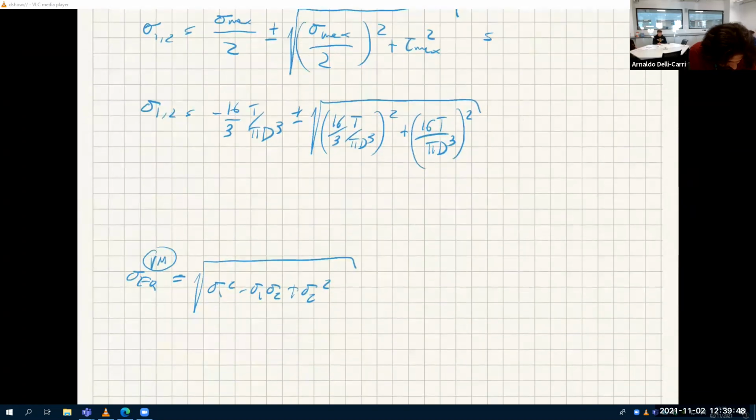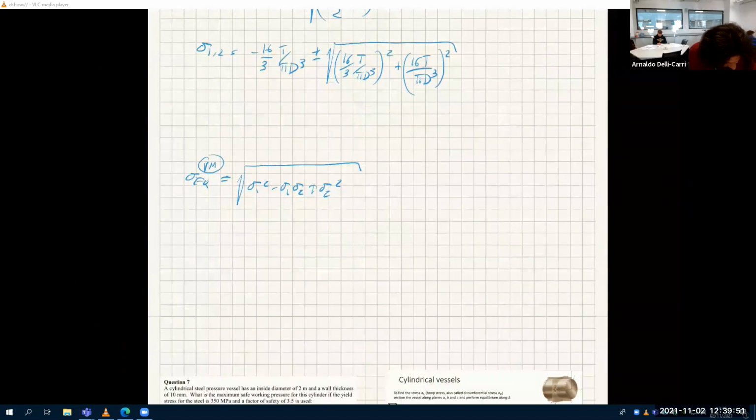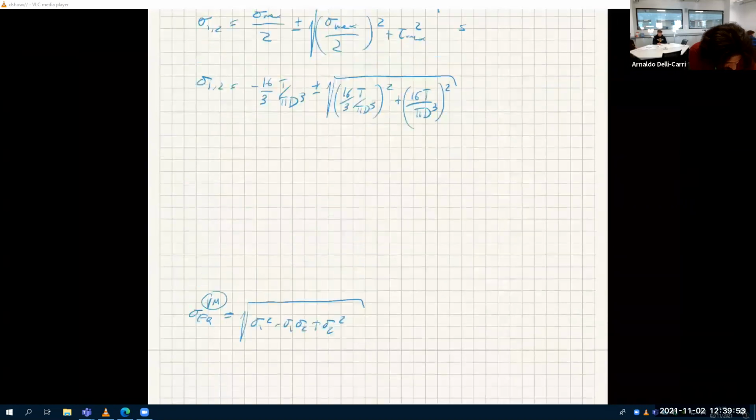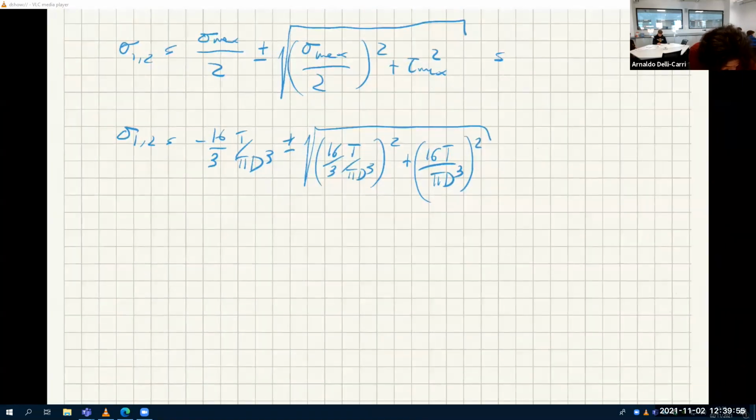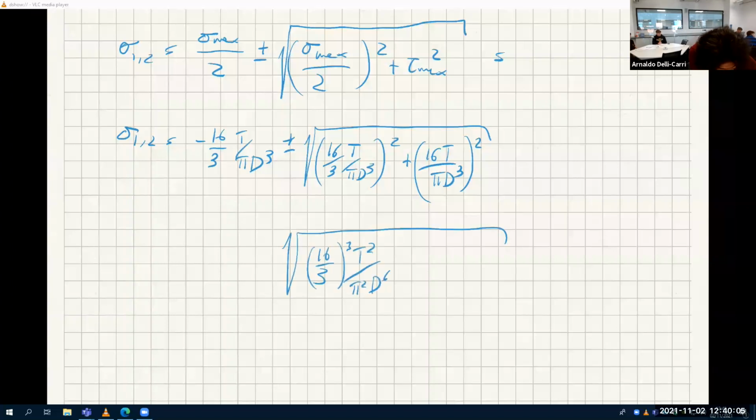So let's do this. This one becomes 16 divided by 3 squared, t squared, pi squared, d to the power of 6, plus 16 squared, t squared, pi squared, d to the power of 6.